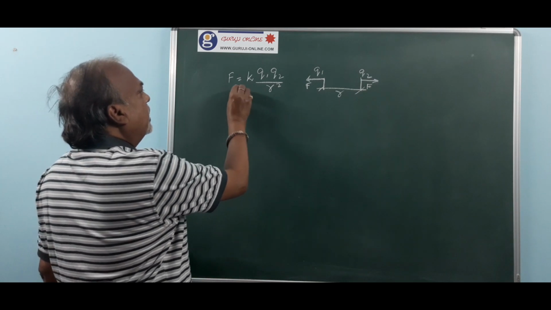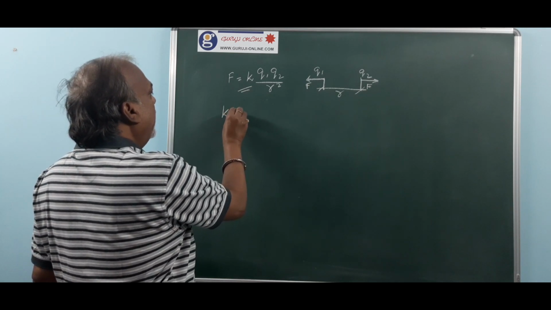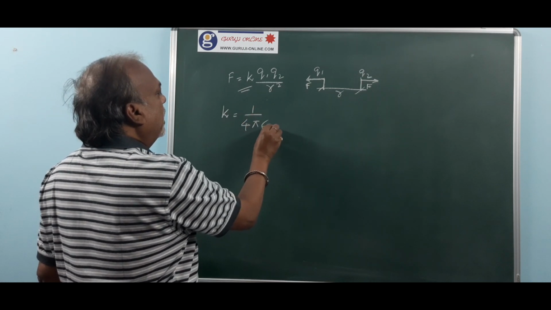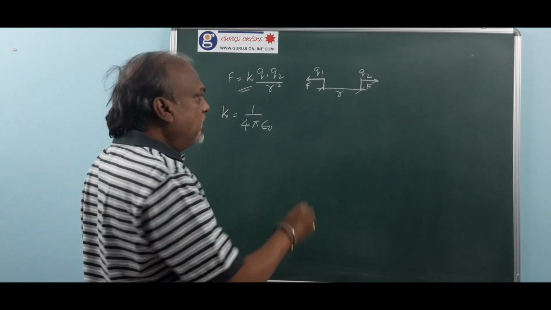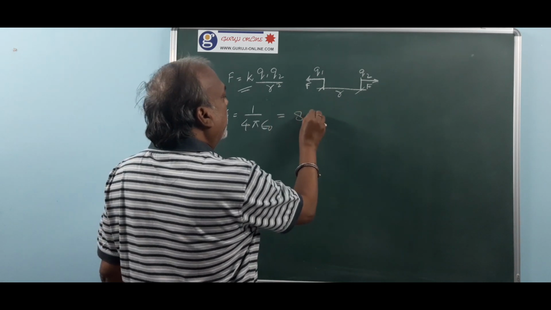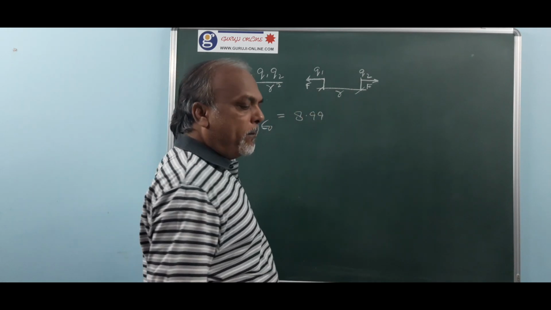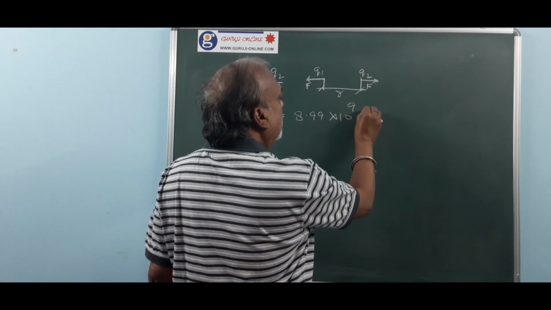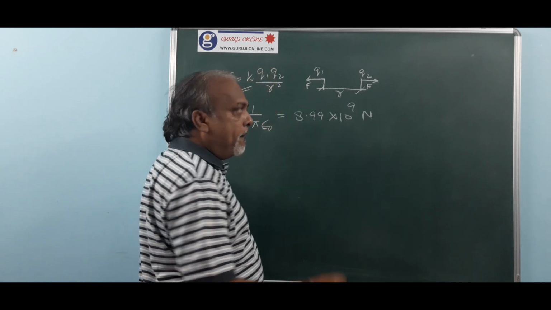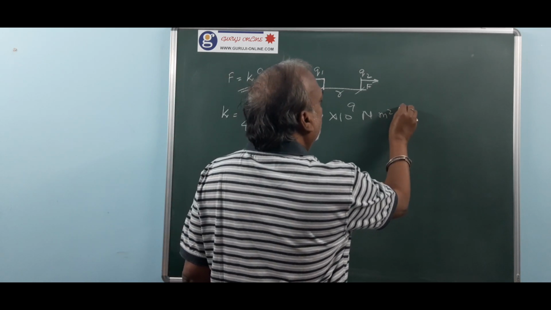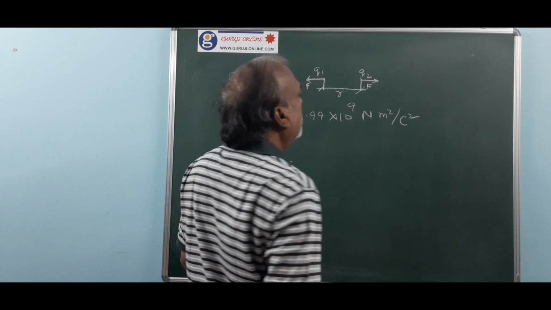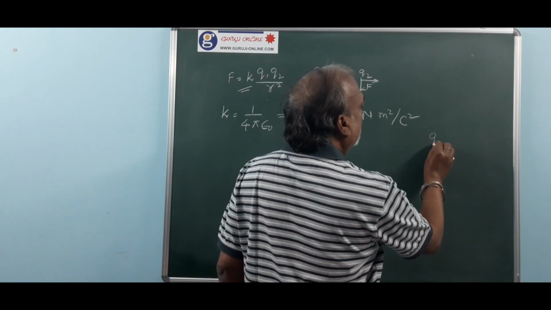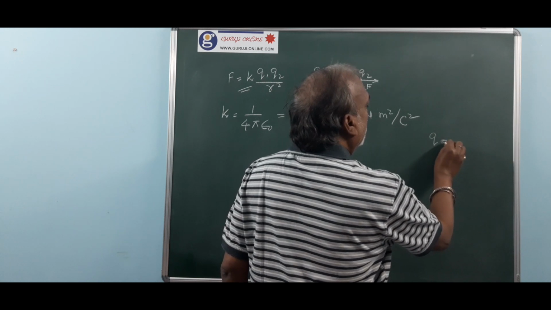As per the experiment, this K value will be found as 1 by 4 pi epsilon 0, and this is nothing but 8.99 into 10 raised to 9 Newton meter square per coulomb square. So basically, what is the unit of charge? It is the coulomb.